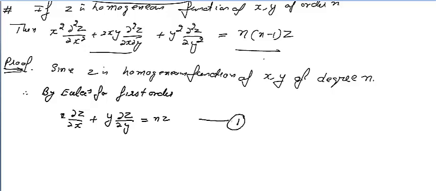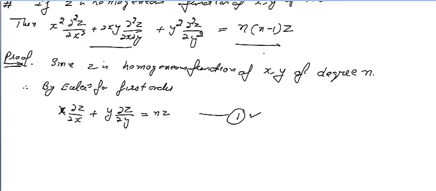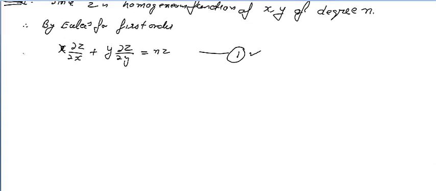Once again, I have proved this result, equation number 1, so that's why I am not proving it here. Sometimes it will be asked to prove the Euler theorem for the homogeneous function for second order, then you have to prove this also as a first step. Because I have proved it earlier, I am not taking this proof here.